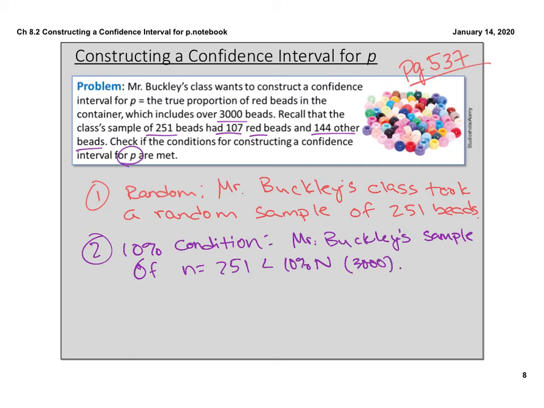State somehow that you know that the 251 is going to be less than 10% of 3,000, which it is. 10% of 3,000 would be 300, and 251 is less than that. So good, 10% condition is met.